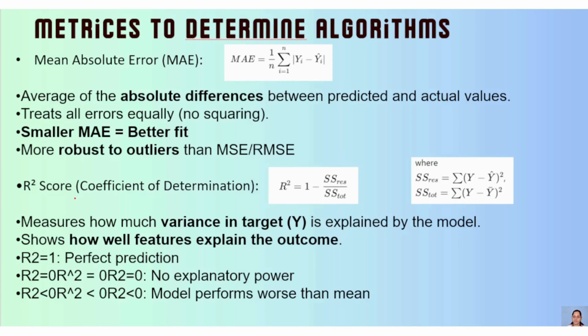Then we have R square or R2 score, or the coefficient of determination. I have already explained how we calculate the R2 square. This is the formula for calculating the R2 square, and this is the determination of features.